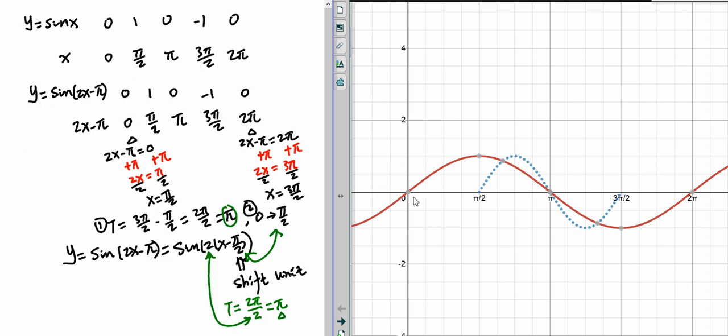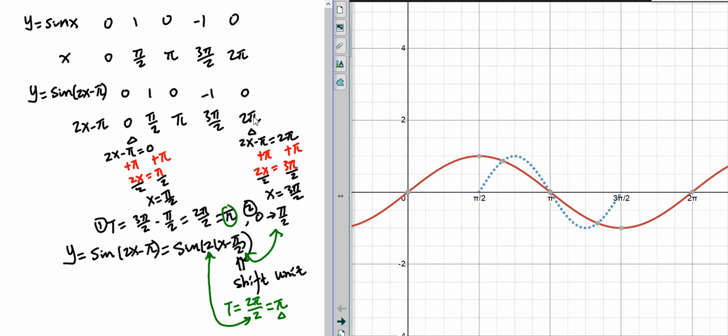So basically the point 0, 0 goes to pi over 2, 0. So that's what it meant. You may consider pi over 2, pi, 3 pi over 2, and then 2 pi. Those are the rest of the 4 values, and we need to work out how we require x.